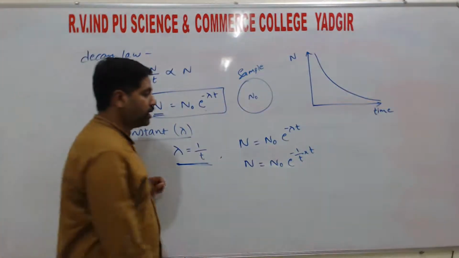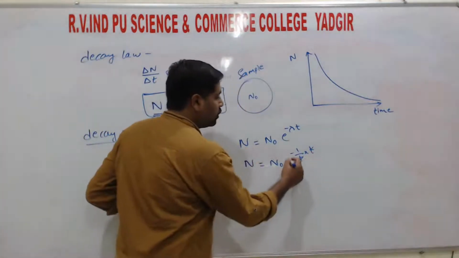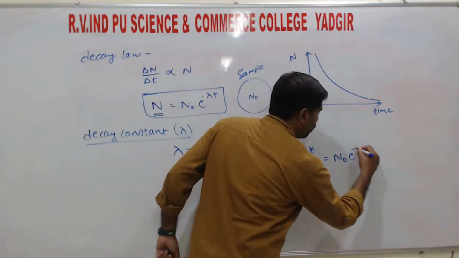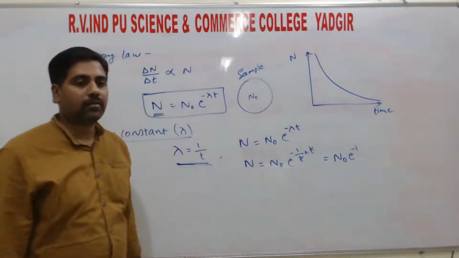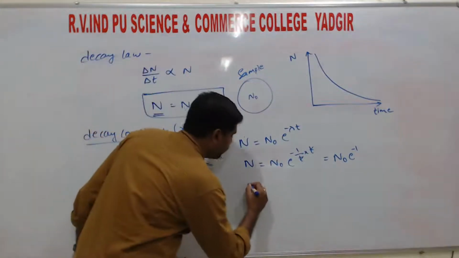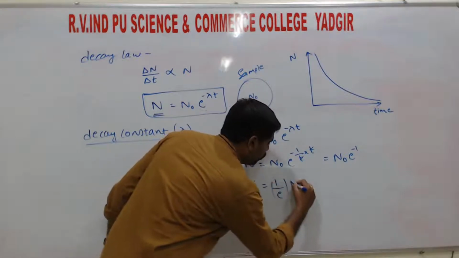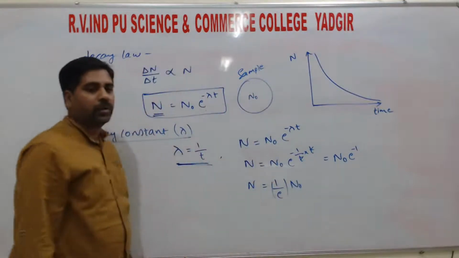Here t gets cancelled, so we are left with n naught e to the power of minus 1. So e to the power of minus 1 can be written as n is equal to 1 by e into n naught, right?